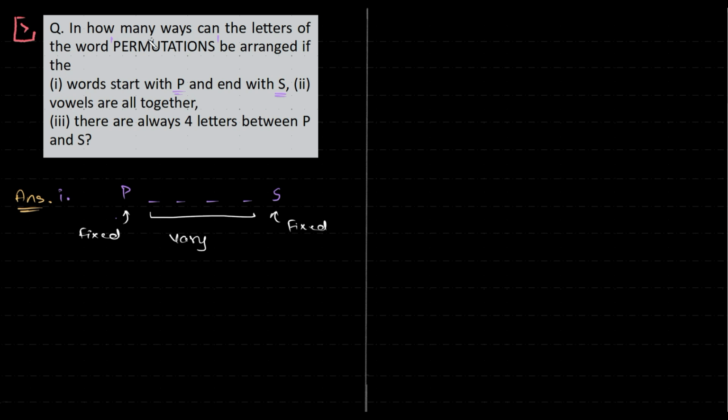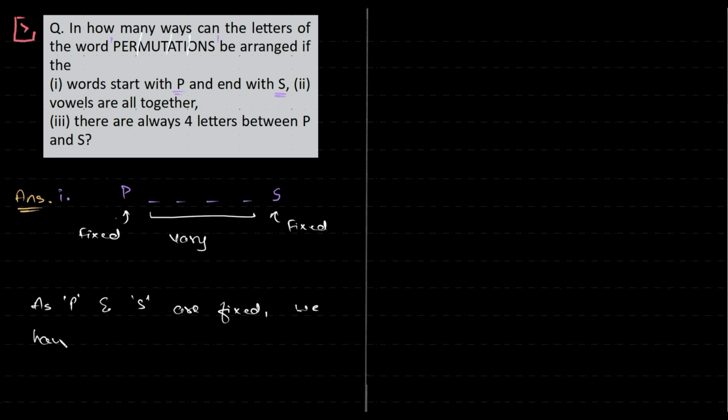So basically we have 12 letters, out of which 2 are fixed. So we have 10 of it which will vary, as P and S are fixed.